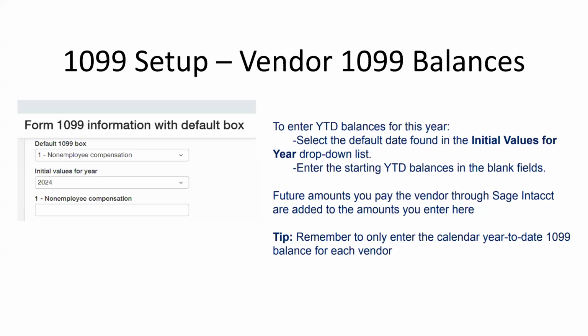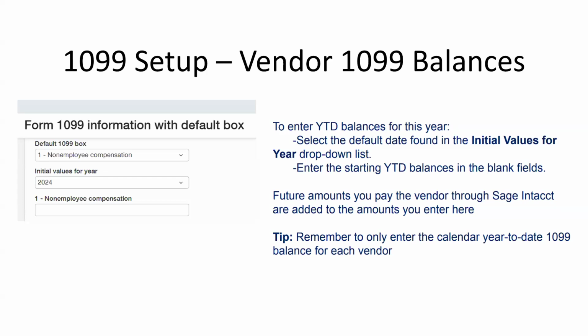So let's say you have a vendor now that you've marked as 1099 after the fact. So after you've already written several checks or one or more checks to that vendor, then you find out that's a 1099 vendor. And now you have to edit that vendor record and add the 1099 information after the fact.